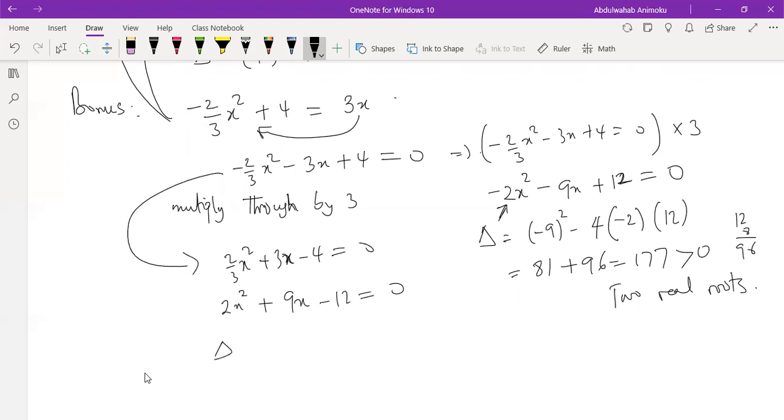And then when you find the discriminant again, you would have 9 squared minus 4 times 2 times minus 12 rather, which would give us 81 plus 96 again, right? Which means 2 real roots. So this is just a bonus problem for that. In case you are given an unusual expression, which is still quadratic, how you should manage it is to rewrite it in the standard form so that it becomes easier to find the discriminant.